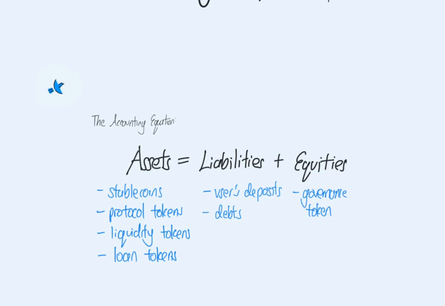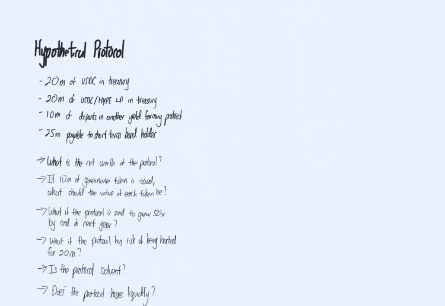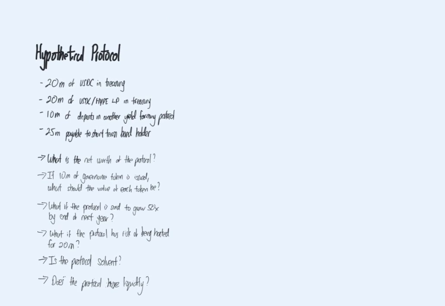Now that we have learned the accounting equation, we can look at how to construct a balance sheet for a hypothetical protocol. Let's take a look at this hypothetical protocol, which has the HYPE token.